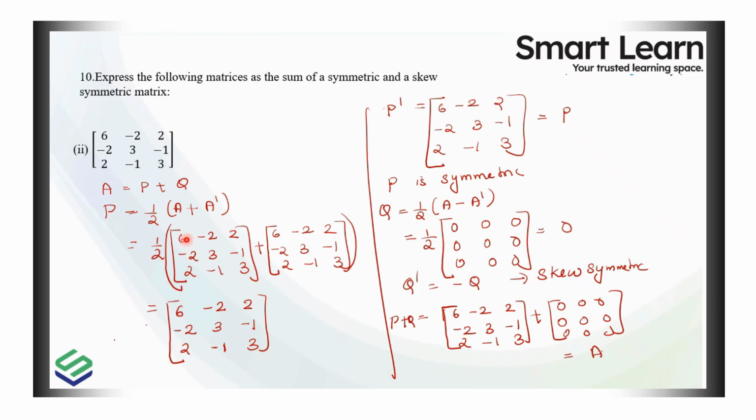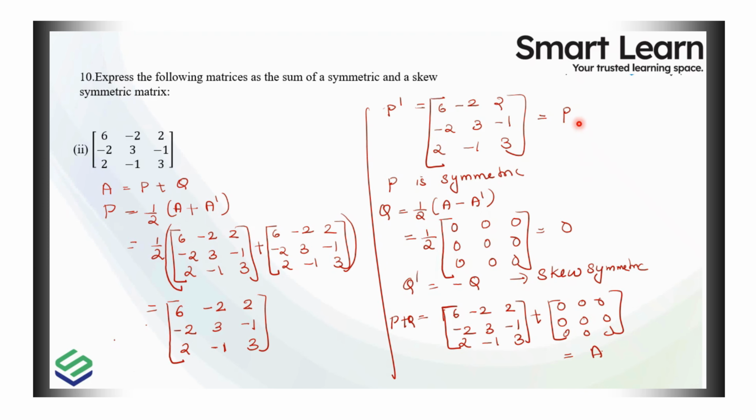When you do the subtraction, you will get half into the null matrix. Then taking Q dash, you will get minus Q. That means if on taking the transpose you get the negative of that matrix, then we can say it is a skew symmetric matrix.